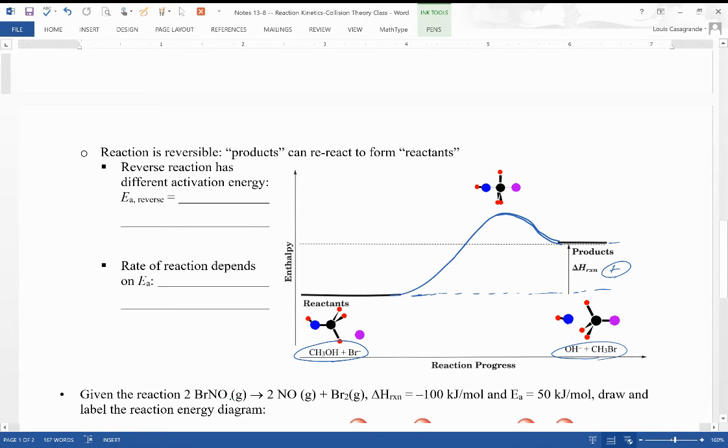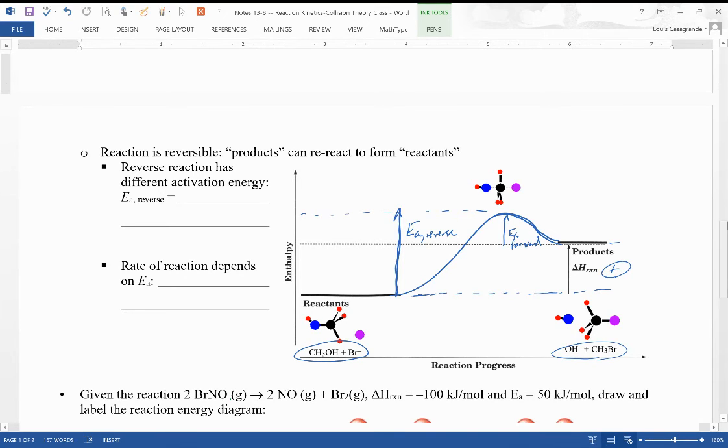And so the activation energy, let's draw in the line here, goes from the reactants all the way up to the top. And we could have drawn it inside there as well. Now that's the activation energy for the reverse reaction. That was the activation energy just for the forward reaction.